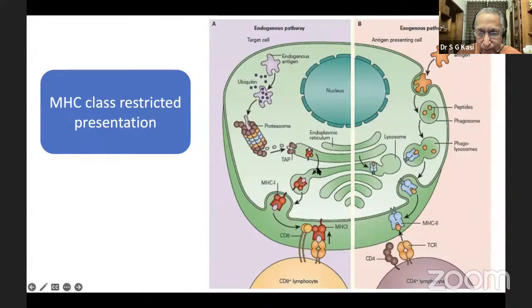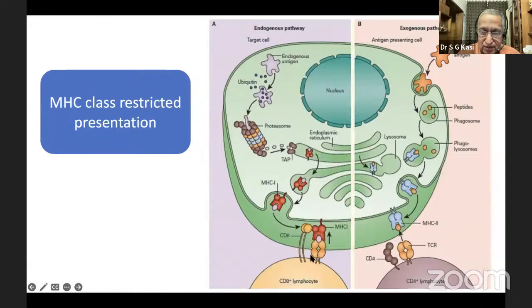It enters the endoplasmic reticulum, is modified, and is presented to the CD8 plus lymphocyte in relation to an MHC class 1 molecule. On the other hand, if you have an exogenous antigen, something that is circulating in the blood, engulfed by the antigen presenting cells, ultimately it is presented to CD4 lymphocytes in relation to an MHC class 2 complex. So class 1 CD8 plus, class 2 CD4.